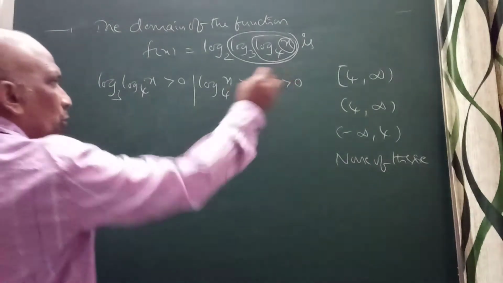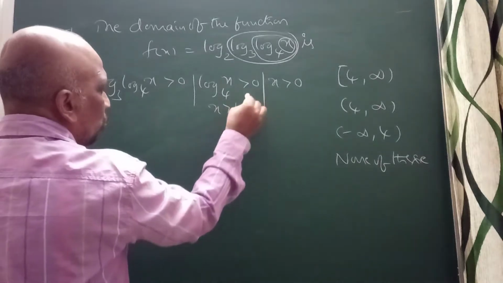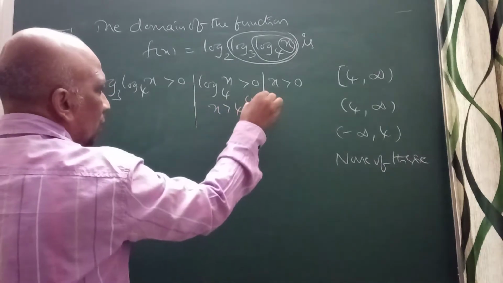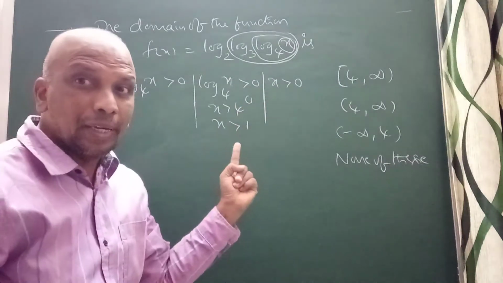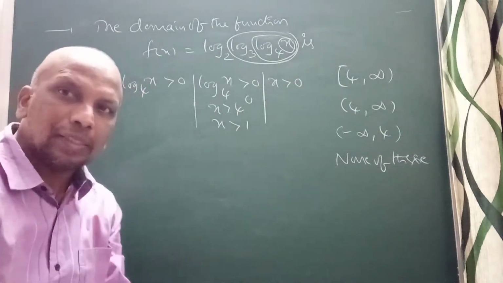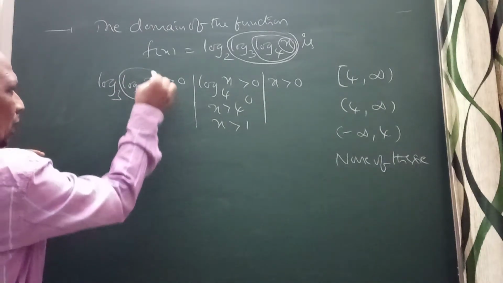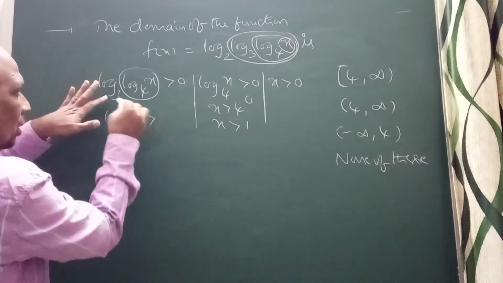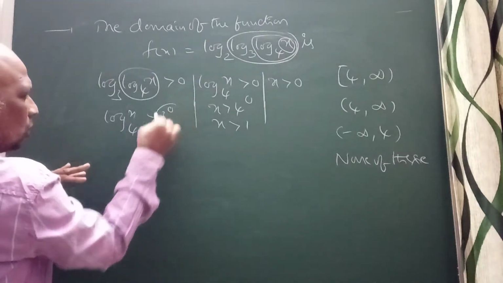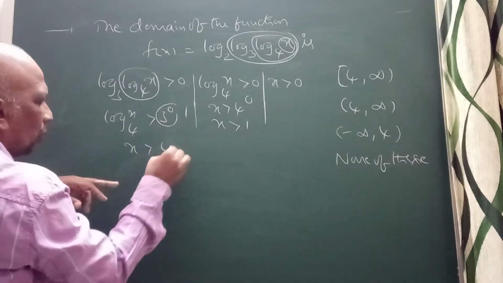Now x positive. If you think about this one, eliminate the logarithm: x greater than 4 power 0. That means x greater than 1. Here we have x greater than 0, x greater than 1, and the common is x greater than 1. For log x base 4 greater than 3 power 0, so this is 1. Again eliminate the logarithm: x greater than 4 power 1.